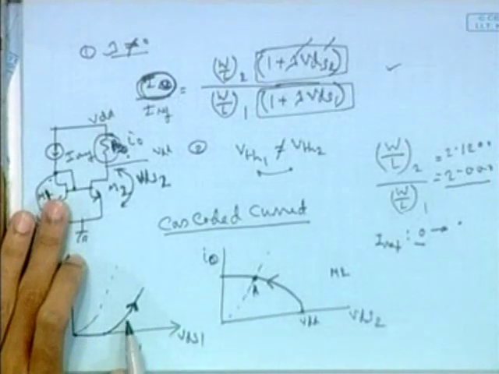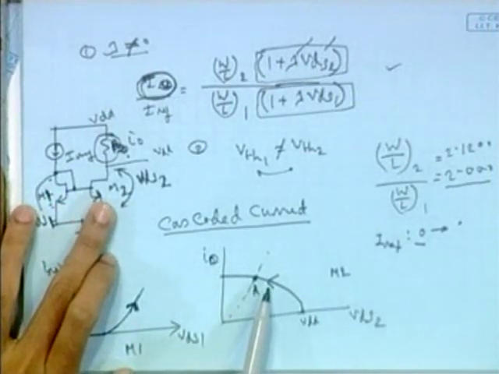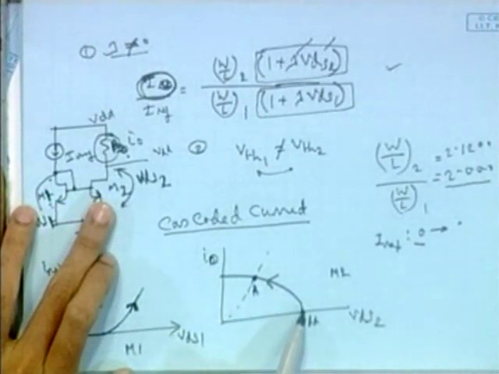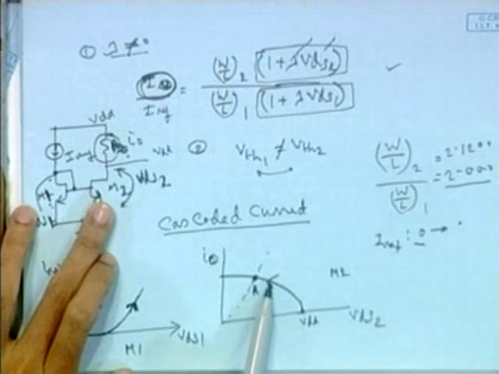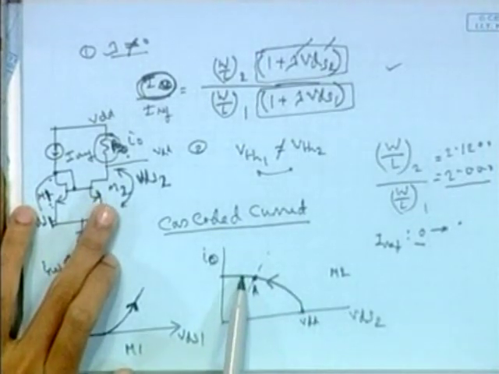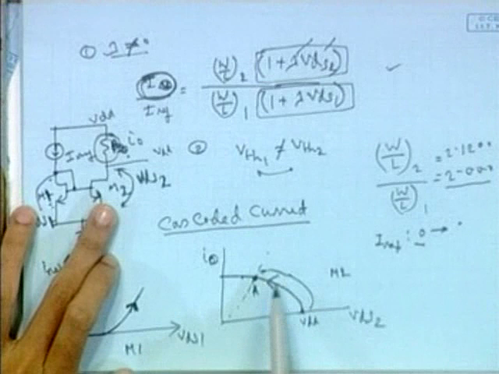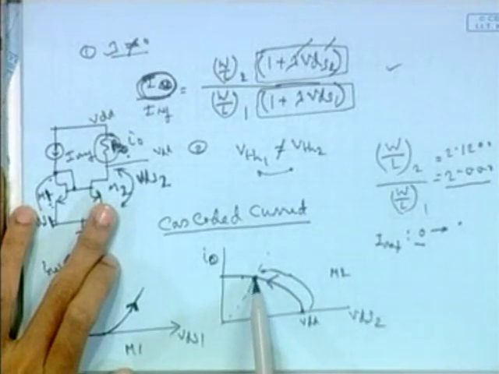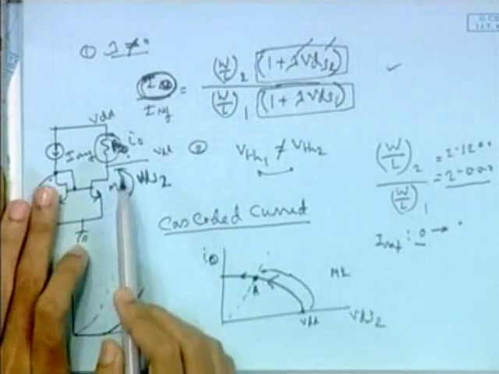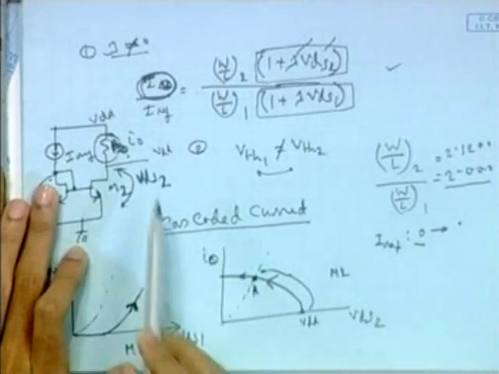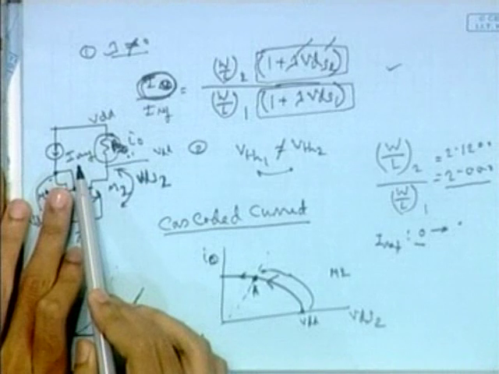M1 is already guaranteed to be in saturation, but M2 starts from cutoff, goes through saturation, and enters triode. So the current mirror action is valid for this zone only. When it hits this point, beyond that the current mirroring action won't be there. So after this point, I0 will not follow IREF.